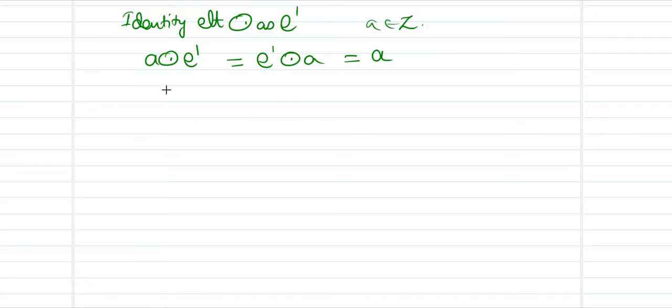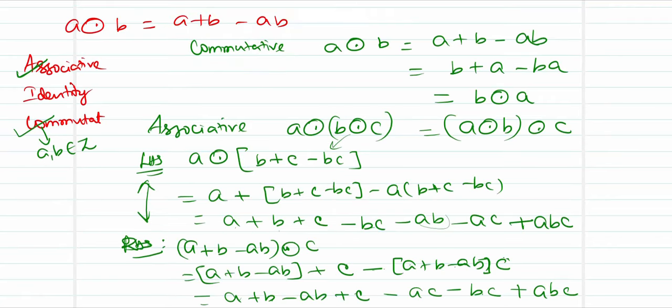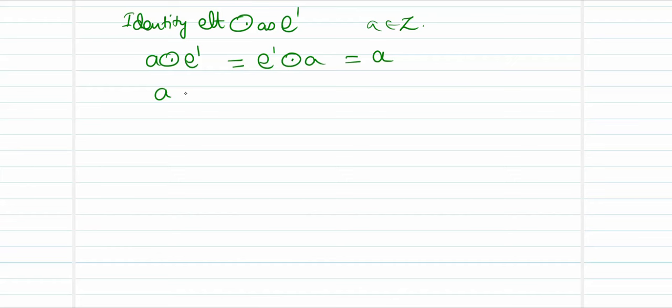Now how have we defined this dot circle? We have defined the dot circle as A plus B minus AB. So A plus E dash minus A into E dash must give me the taken element A. So A and A cancel off with one another. E dash minus A times E dash is equal to 0.